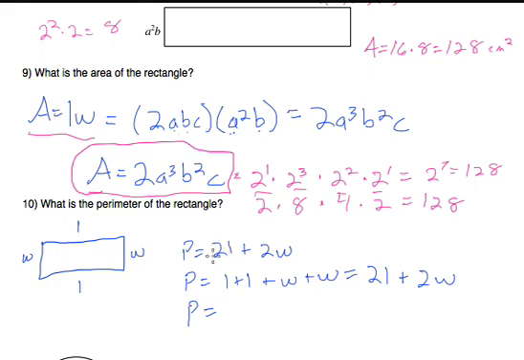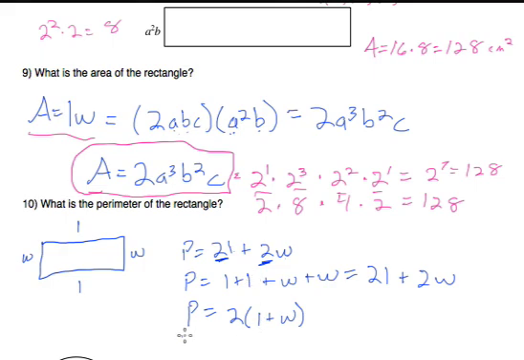If L is being multiplied by 2 and W is being multiplied by 2, then both L and W are being multiplied by 2, so we can write 2 times L plus W. And if you look what happens when we distribute the 2, 2L plus 2W, we get the same thing. Any way you want to think about it will achieve the same result.